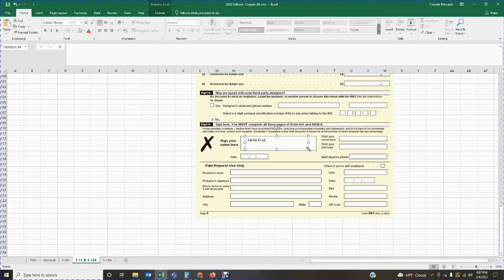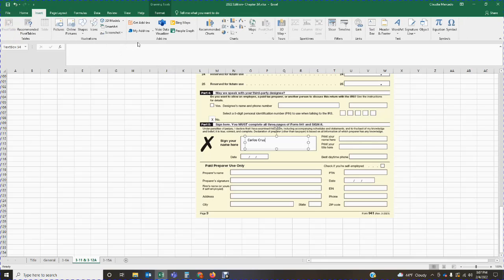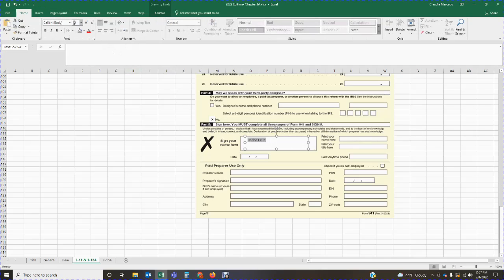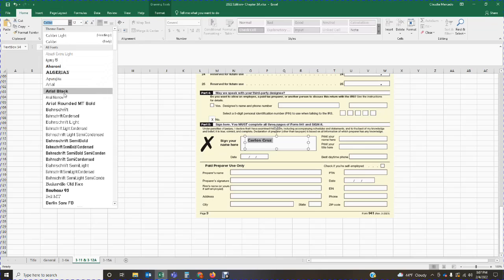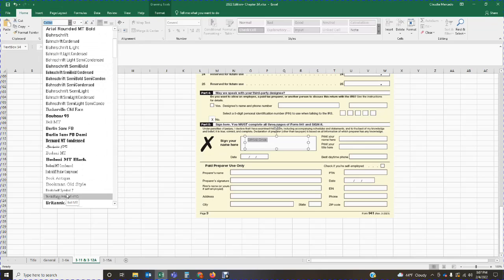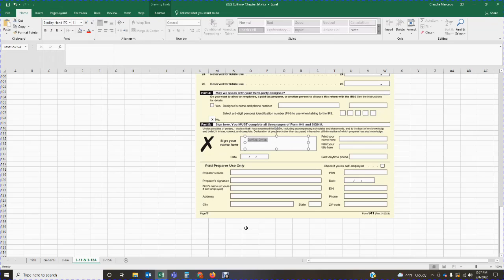Carlos Cruz. Okay. Print your name. Let me just change the title a little bit, okay? So you're going to sign the form and then enter your name printed.